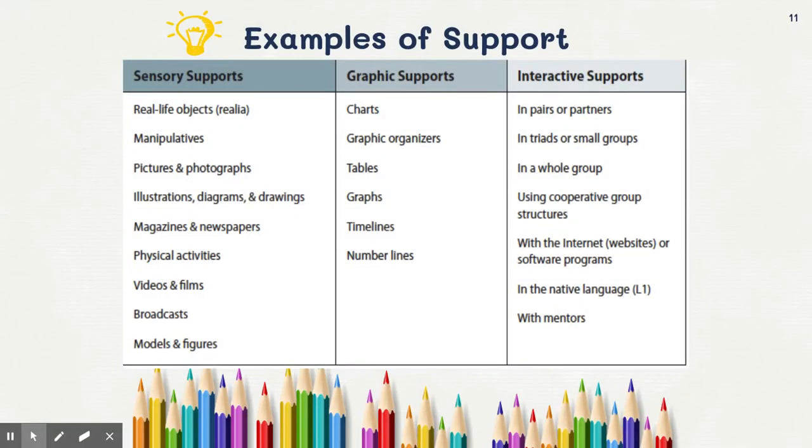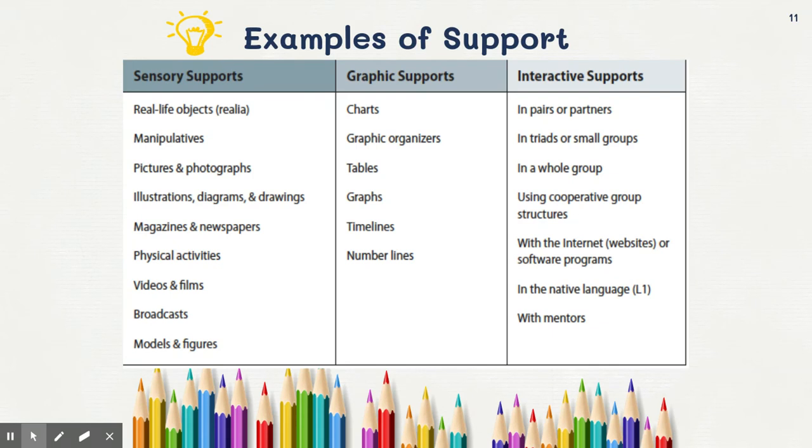And for some examples of types of support you can provide, we've got sensory supports, graphic supports, interactive supports, anything where you're bringing in context to vocabulary. We want context-rich environments.